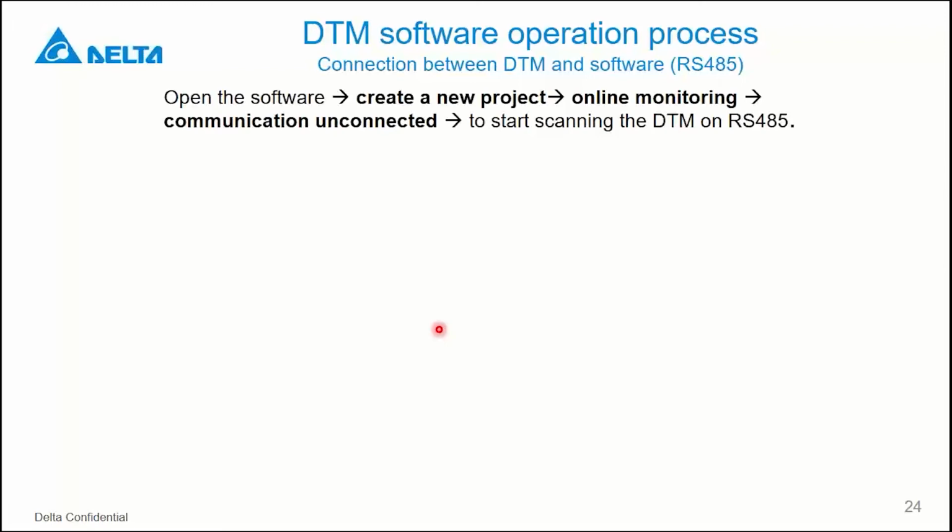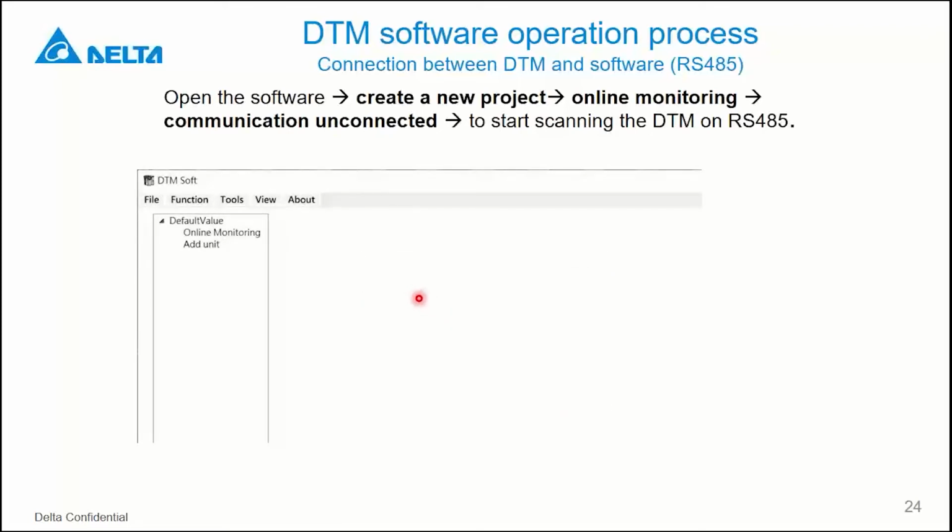Okay, let's see how we are going to start the operation. First, open the DTM software, which you can download from the website, and create a new project. Then next, you have to select online monitoring.